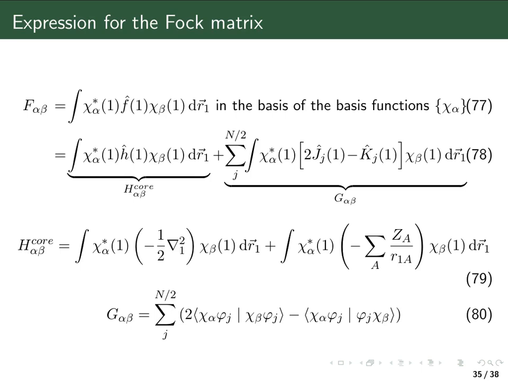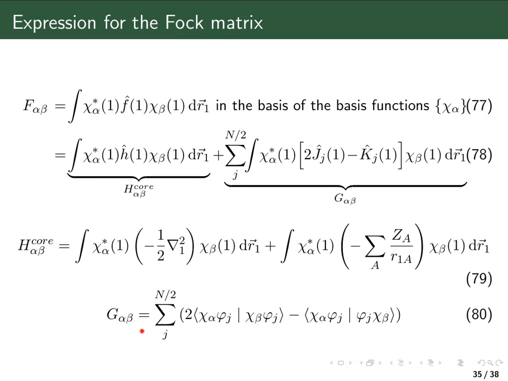But one has to remember that the Coulomb and exchange operators include integrals over all the other occupied orbitals, and these are still spatial orbitals. So here we have the basis function chi alpha, its complex conjugate, and a basis function there, and here in the exchange version. But the electron 2 is still described by spatial orbitals phi here.